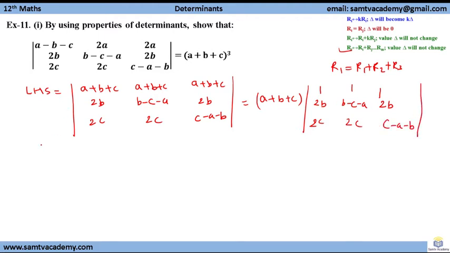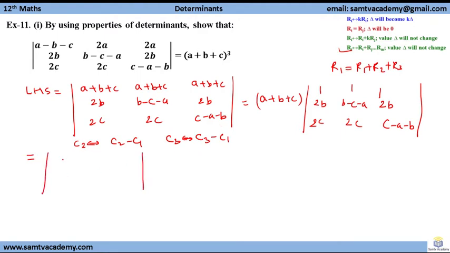Now for the next step, we have to make some entries 0 so that we need to calculate fewer steps. So we will replace C2 with C2 minus C1, and C3 with C3 minus C1. What are we left with?